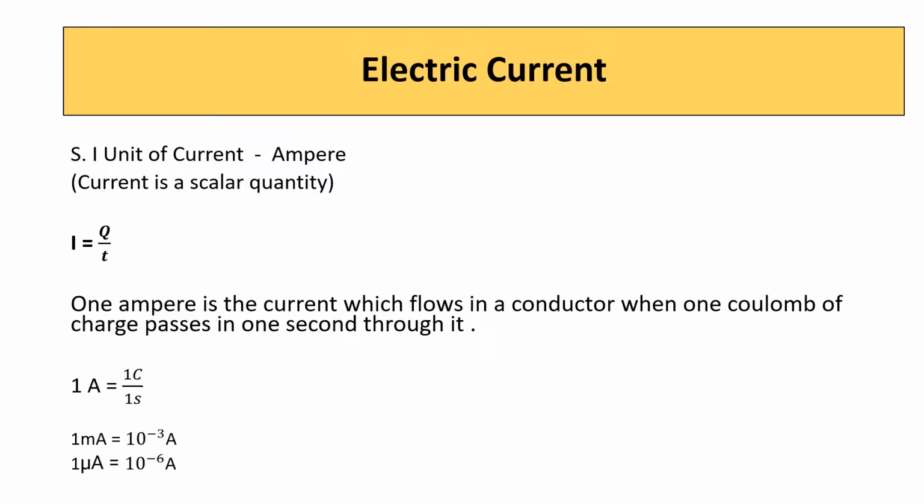The smaller units of current are milliampere and microampere. 1 milliampere, it is represented using the letter small m and capital A. That will be 10 raised to minus 3 ampere. Microampere is represented using the symbol µ. This is the symbol for micro.